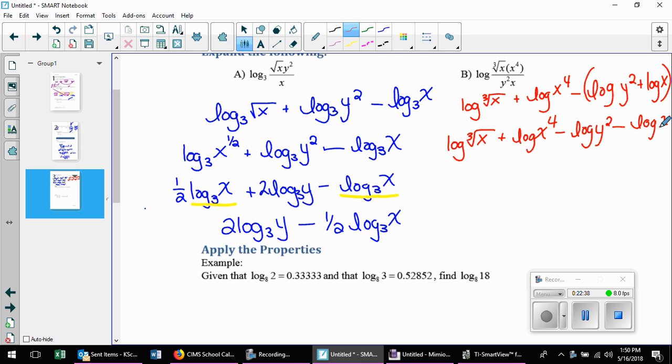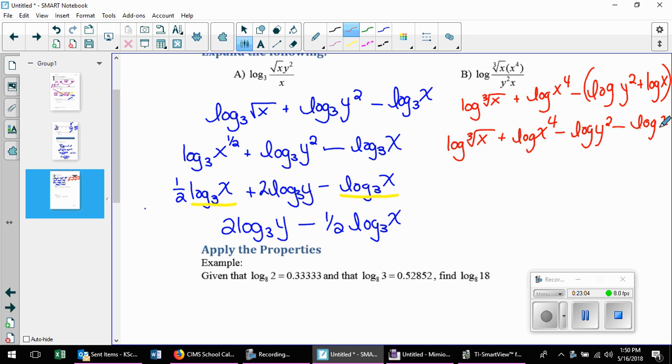Or you could write it as, I know this is on a denominator, so I'm going to put a negative in front. This is on a denominator, and I'm going to put a negative in front. So it's how you choose to do it. It's the same thing. You're distributing the subtract sign throughout the bracket.